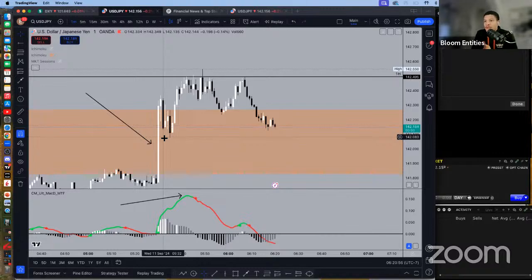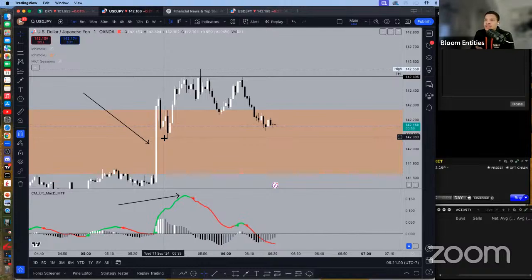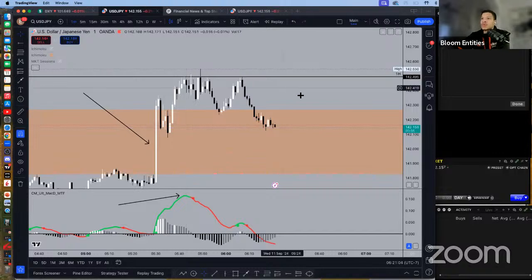But if it moves too quickly, that depreciates the dollar, right? And so that's kind of what I'm taking into account, the fact that it's lower than the forecast, right? And so this initial spike doesn't really tell us the whole story.